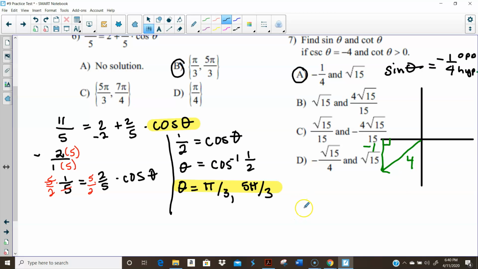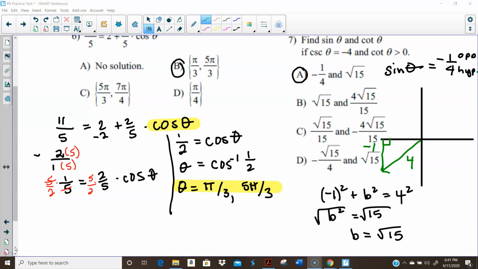So now you're going to use Pythagorean to find the other side of the triangle. So here I did a squared plus b squared equals c squared, and b is the square root of 15. And then to find the cotangent, we know tangent is opposite over adjacent, so you're going to flip that. So it's root 15 over 1.